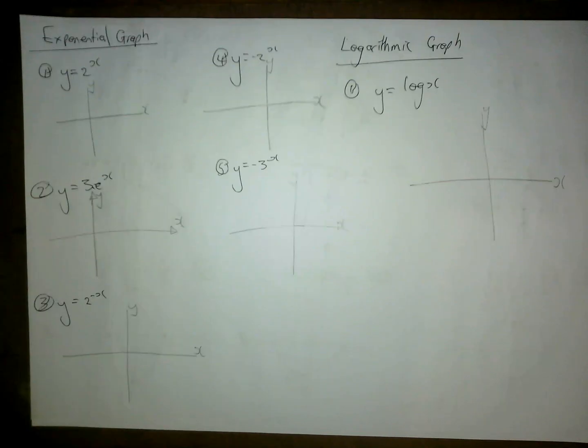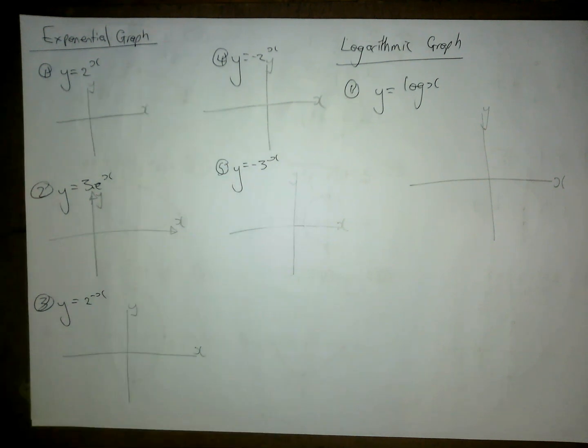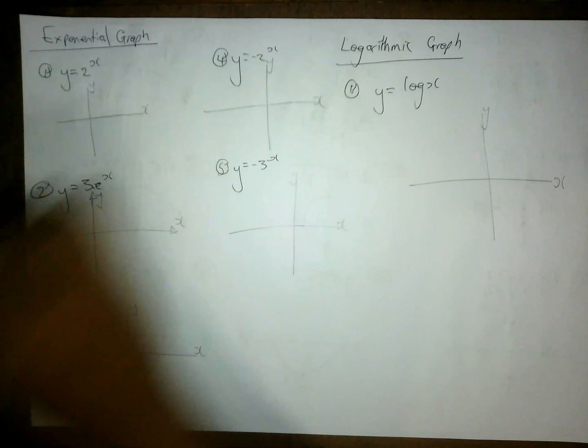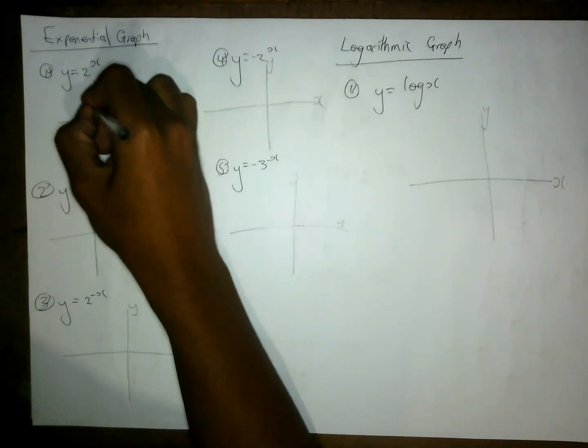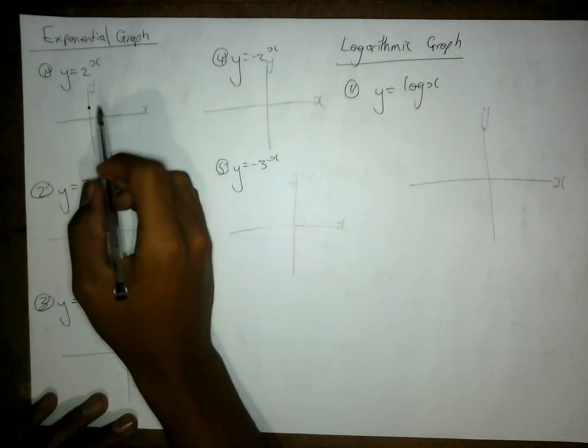So this one is your exponential graphs. Yo guys, this one is so easy also. Very, very easy. So this is to the power of x, right? All you do, again, you find 1, it's a positive exponent.